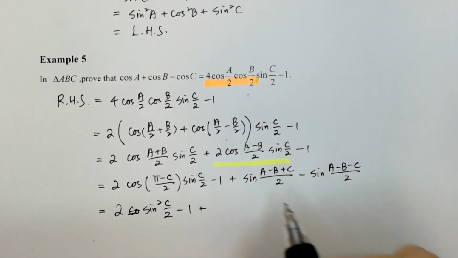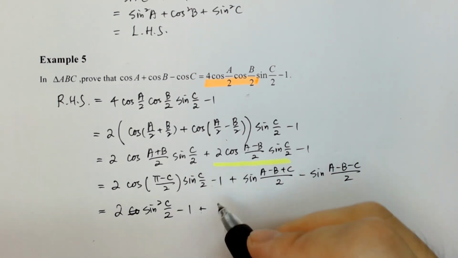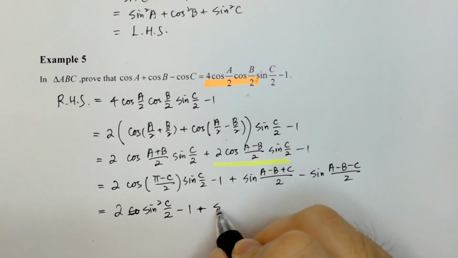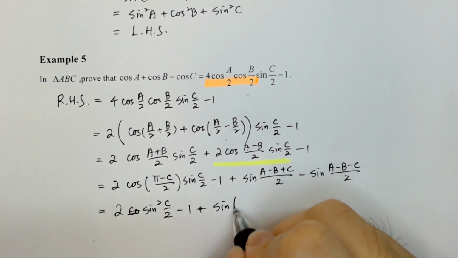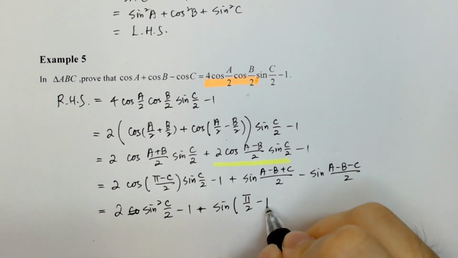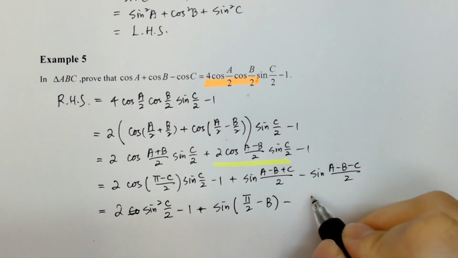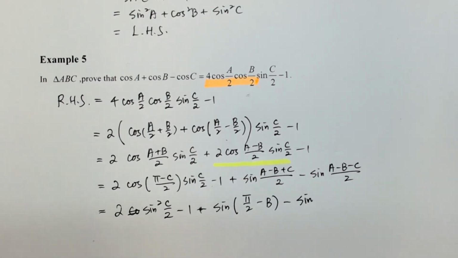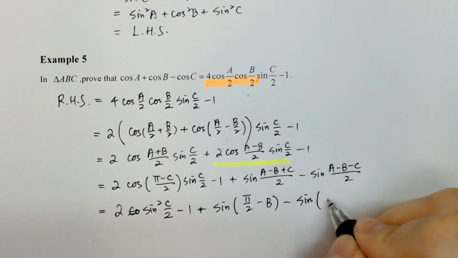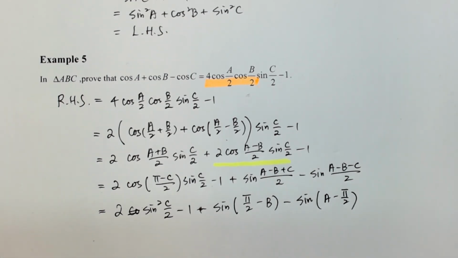And here, for A minus B plus C, we can have pi minus 2B, over 2, so we have pi over 2 minus B. And for here it is 2A minus pi, so we have (2A minus pi) over 2, that is A minus pi over 2.